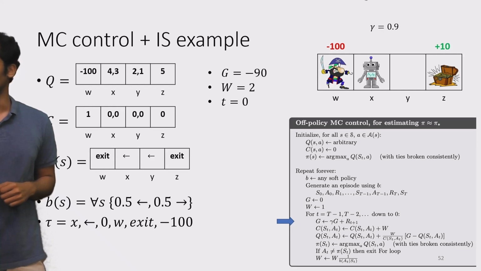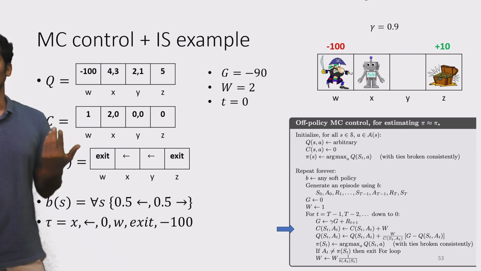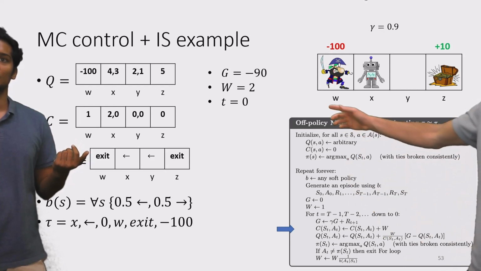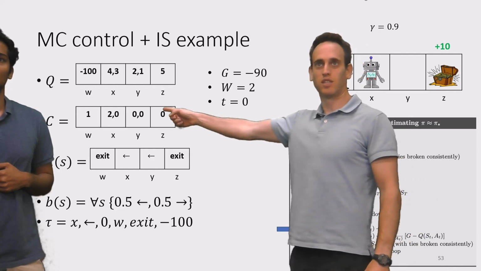If we update the returns, we get minus 90 for state X action left, and then C would just be its previous value plus W. This is the table of the C values.